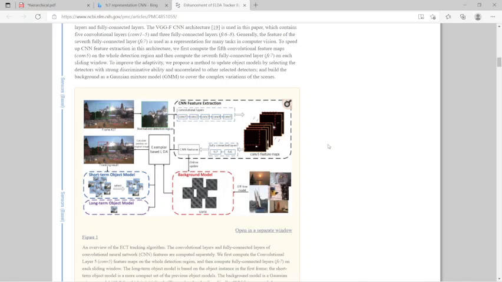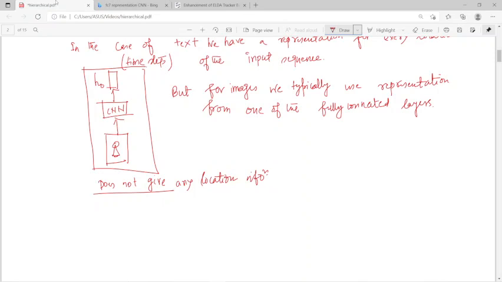This is also one of the CNN representations, called FC7 representations. So in that case we are explaining with respect to FC7, right? The representation that we used is FC7.